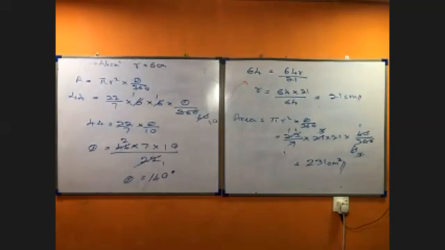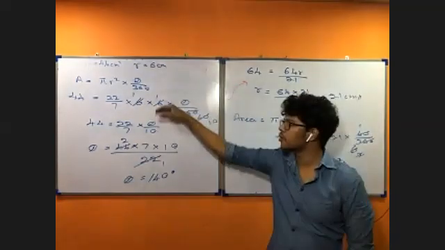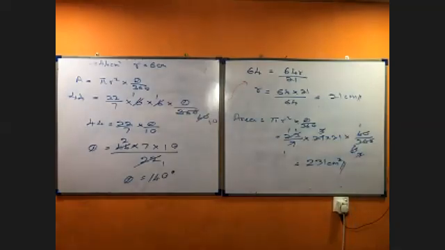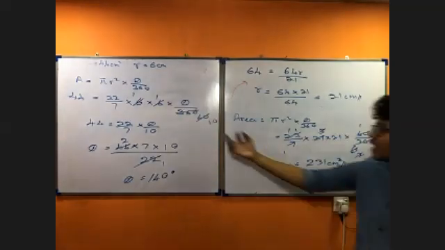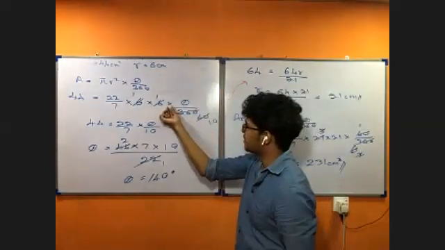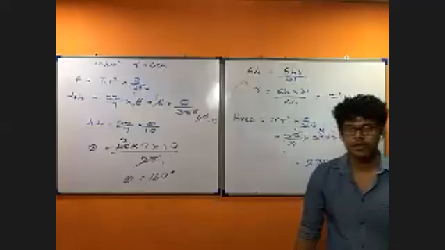Is it clear? Cancelling off means dividing the top and bottom with the same number. So as long as there's multiplication in between, you can do anything you want.